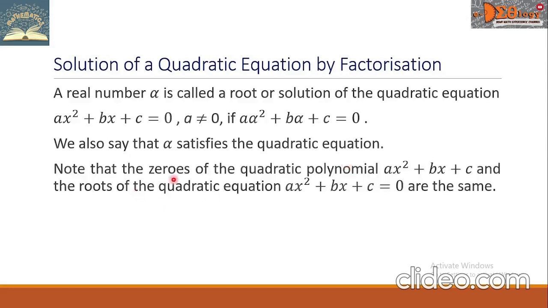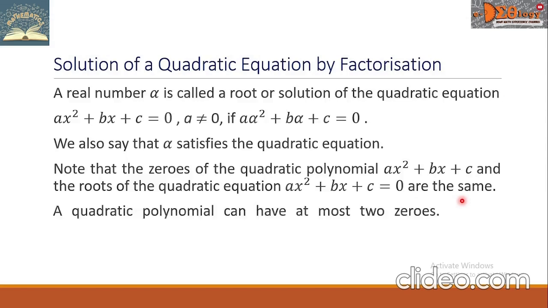Note that the zeros of the quadratic polynomial ax squared plus bx plus c and the roots of the quadratic equation ax squared plus bx plus c equals 0 are the same. A quadratic polynomial can have at most 2 zeros.